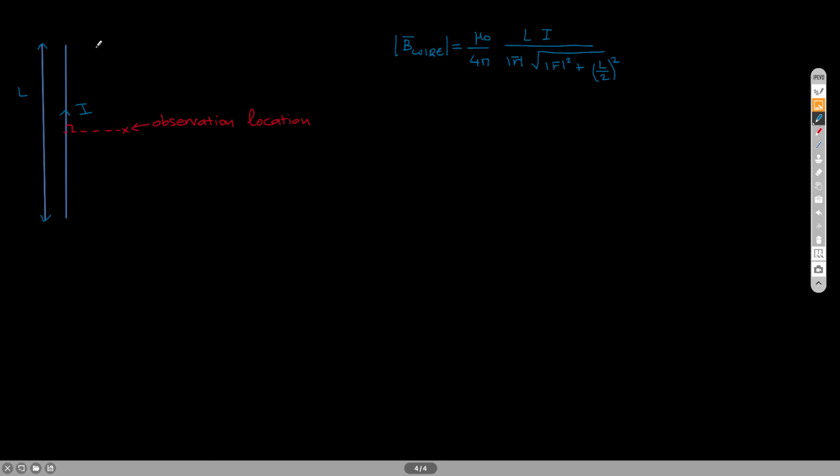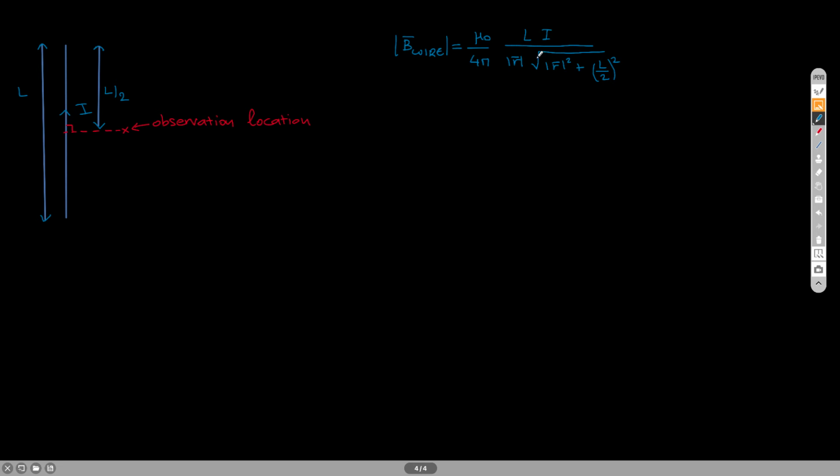So if you measure the distance from here to here, you're going to find L over 2, and the same thing from the other side, of course. So this is if the observation location is perpendicular, when this line crosses the wire, it's at the midpoint.